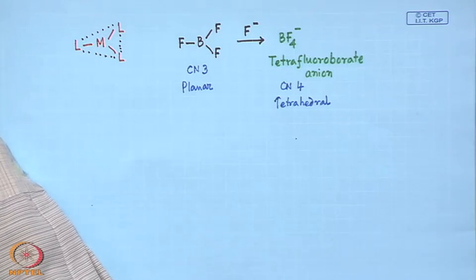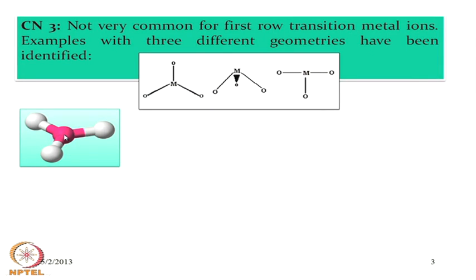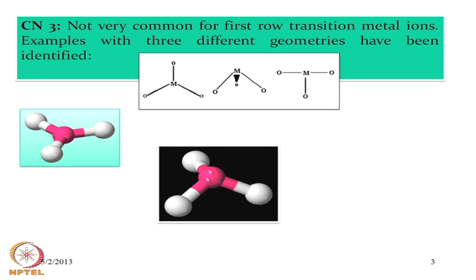Similarly, if this center is occupied by the metal, we can have 3 ligands at 3 different positions. Similarly, you can have the corresponding pyramidal geometry. So, if this central metal ion or other atom is moved upward, we can have a geometry like this. That means it is sitting above the trigonal plane formed by the 3 white spheres.